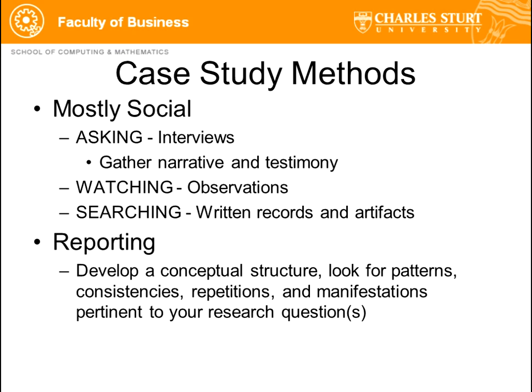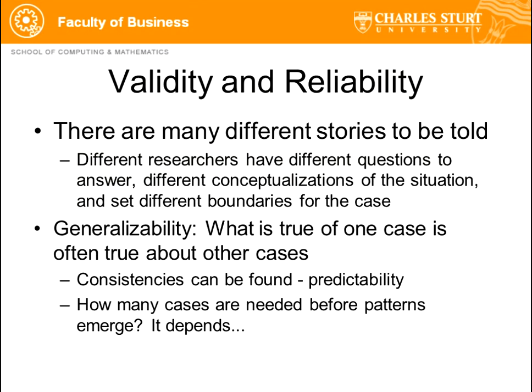So in doing this, what we're trying to find out is an answer to our research question once again, but by finding the look and pattern of what we're doing. So what pertinent research questions do we have and need to answer? So validity and reliability, different stories to be told. Different people have different things. And it's not even about lying or fraud or anything like this, but people will put different values on what they talk about and what's out there.